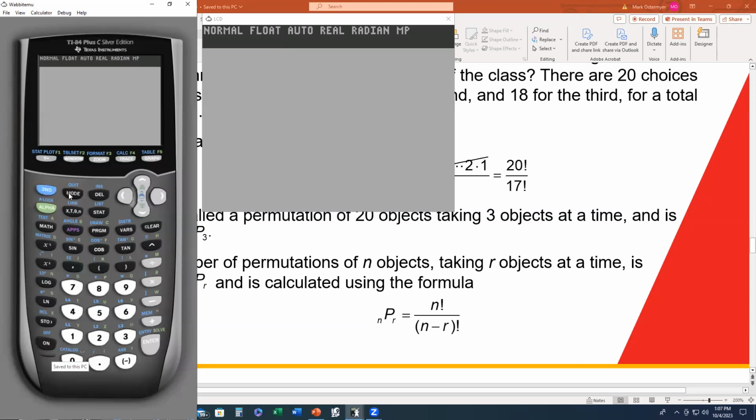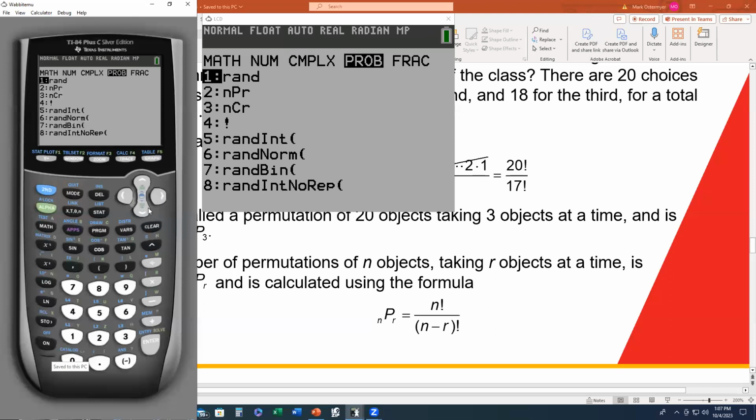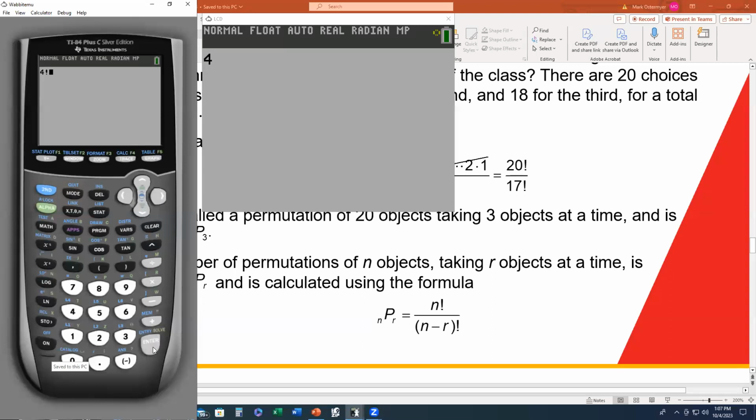To show you how it works, 4 factorial would be 4 times 3 times 2 times 1, which would be 24. We type in 4, hit your math button, go over to probability, go down and grab the factorial function, and hit enter, and you get 24, 4 factorial. So using this permutation formula, which involves the factorial function, we can compute a permutation.